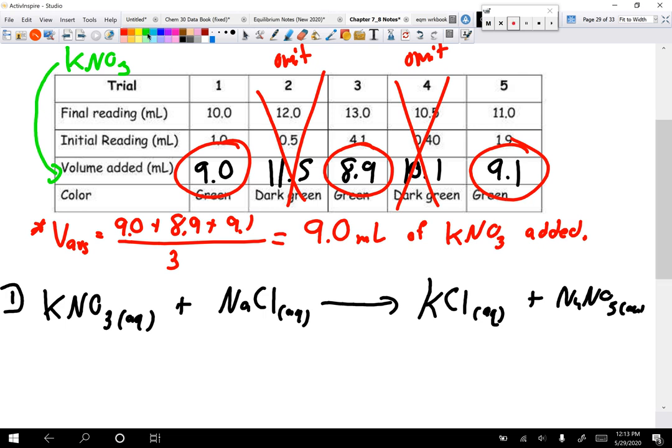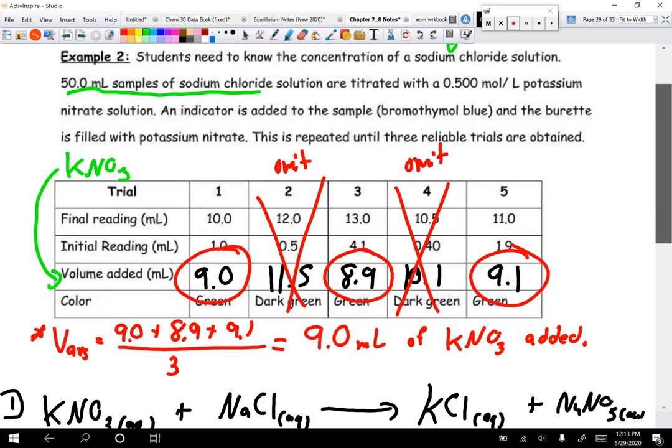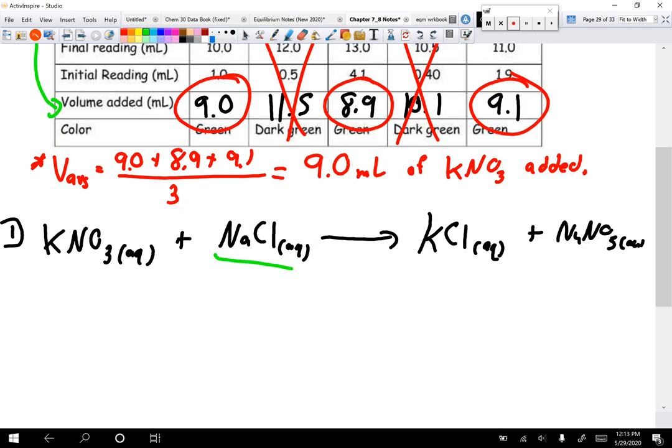And we know from reading the first part, our sodium chloride is our wanted, whereas our potassium nitrate is our given.